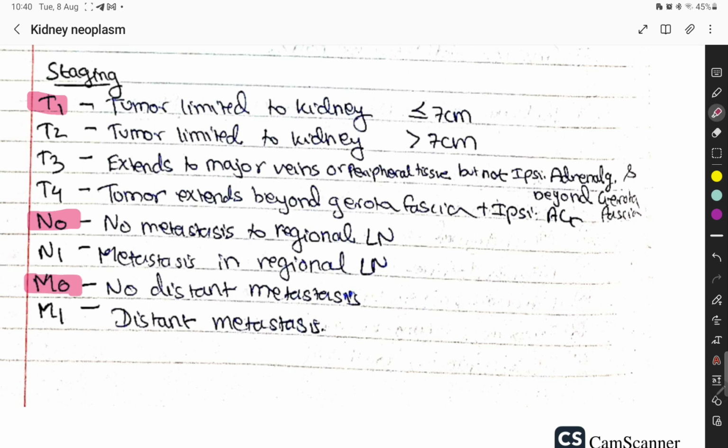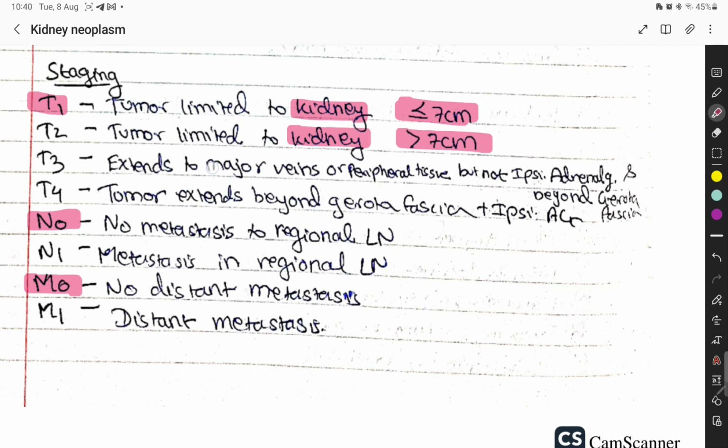So there are 4 different tumor stages. A tumor that is limited to the kidney and is less than or equal to 7 centimeters is T1. A tumor limited to the kidney but greater than 7 centimeters is T2.